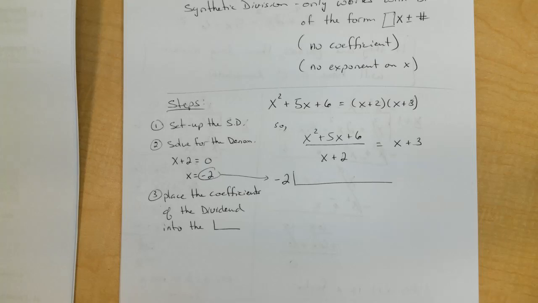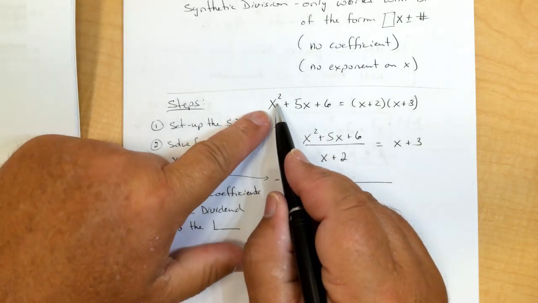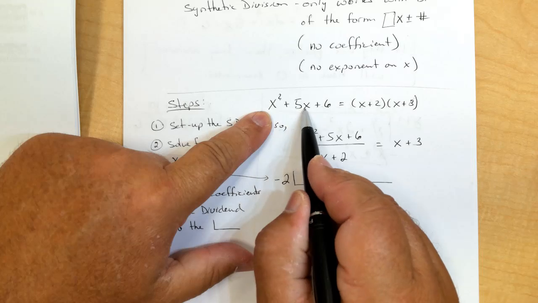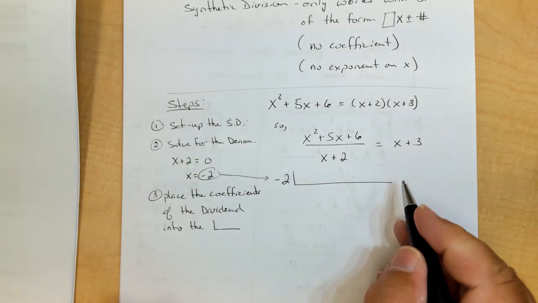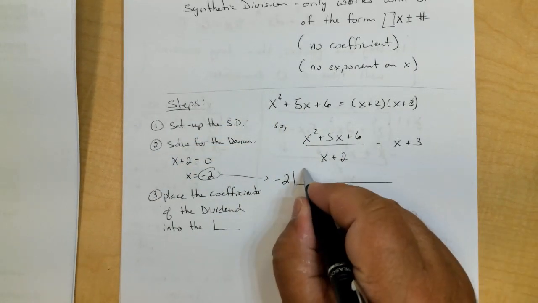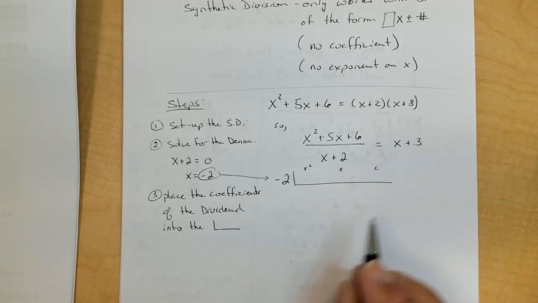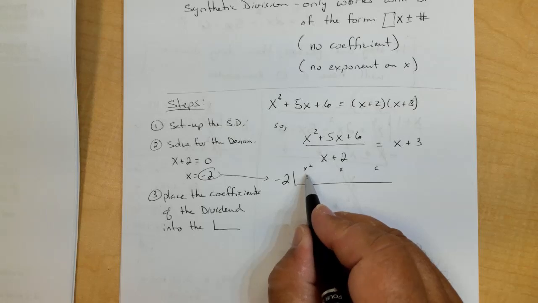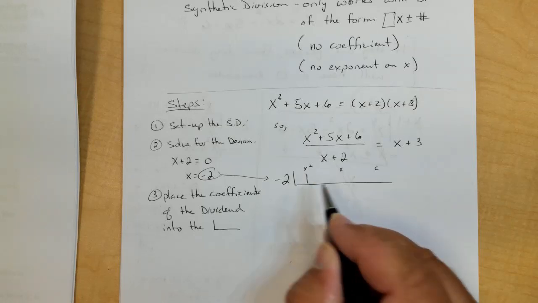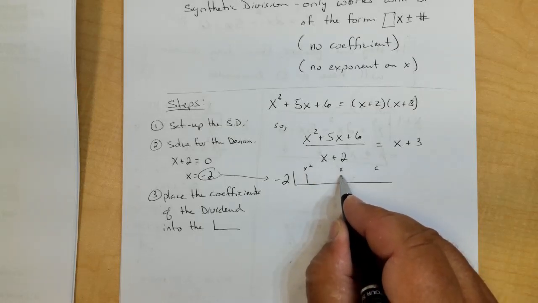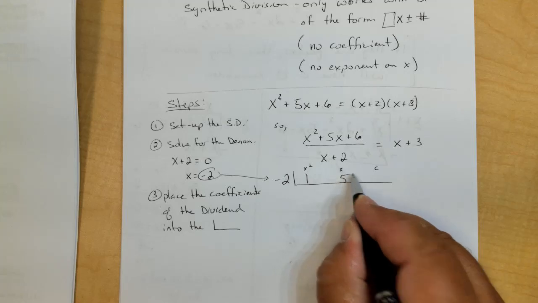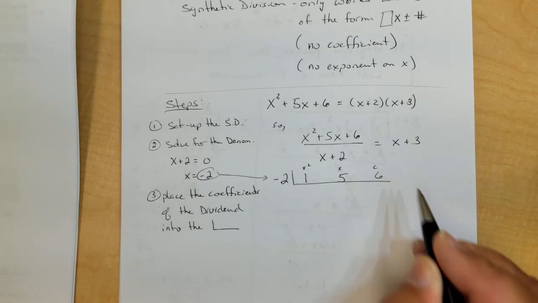You have to make sure that each column is allocated. So we have x squared, x, and a constant. So we know we're going to have three terms. The first one's going to be x squared, x, and the constant. I only want the coefficients. So what's the coefficient of x squared? 1. Coefficient of x? 5. And the constant? 6.